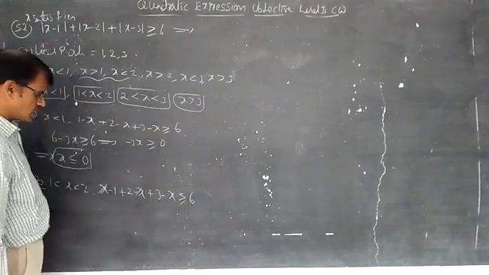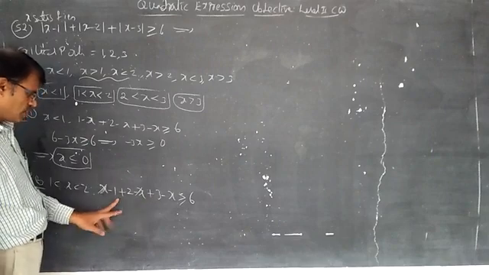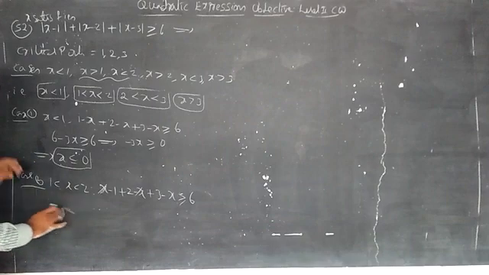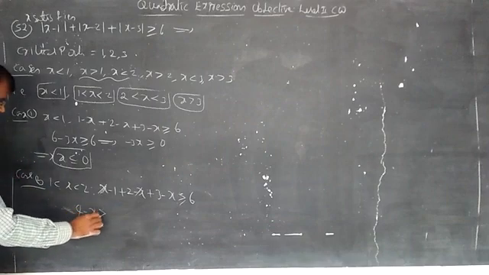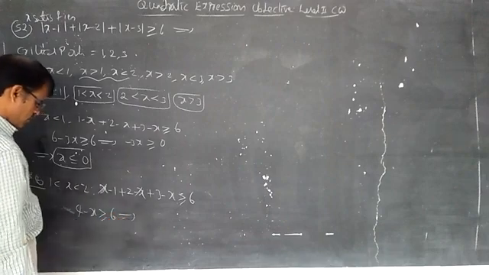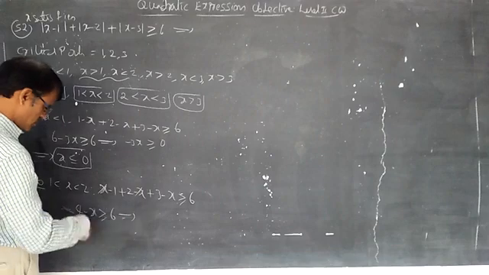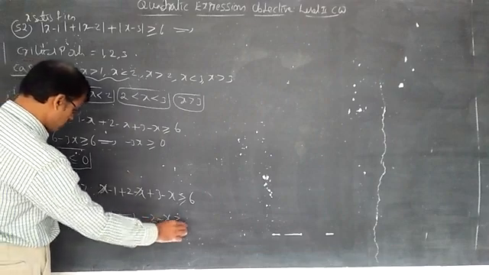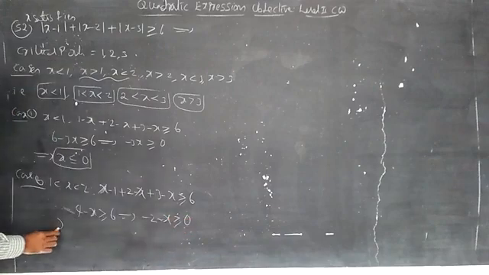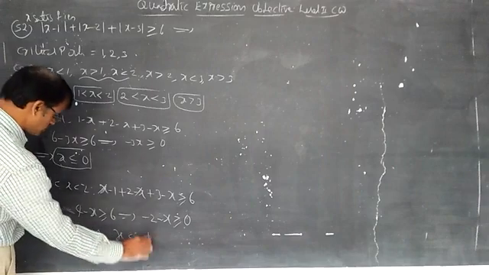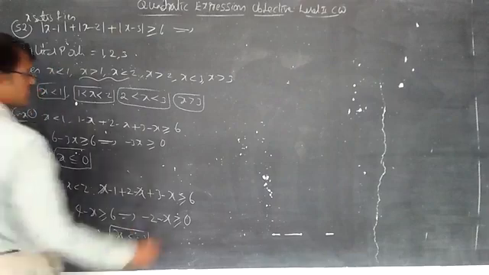The x terms get cancelled: 3 plus 2 is 5, 5 minus 1 is 4. So 4 minus x greater than or equal to 6. Taking 4 minus 6 to this side, minus 2 minus x greater than or equal to 0, then x plus 2 less than or equal to 0, so x less than or equal to minus 2. Keep it aside.